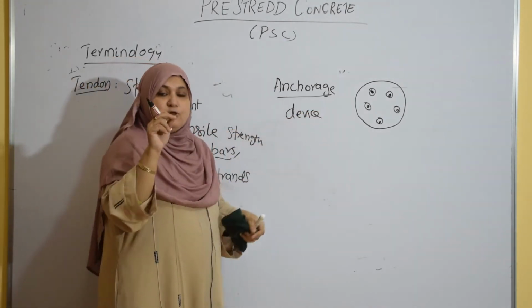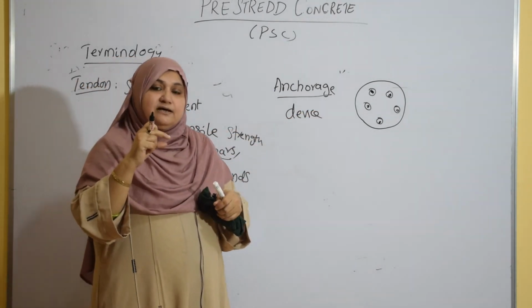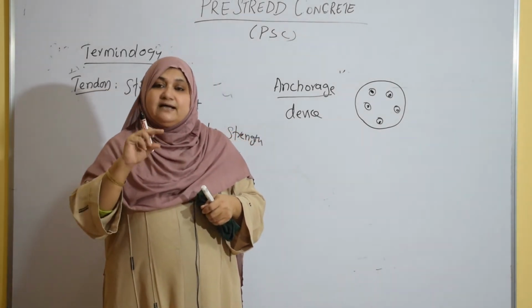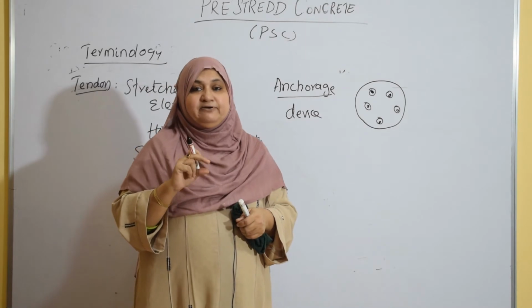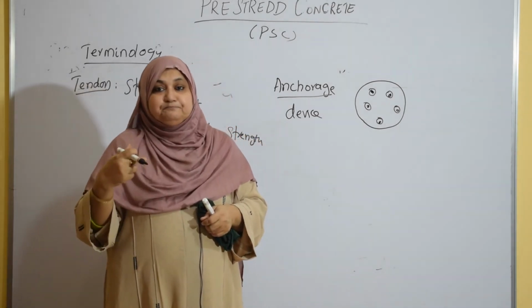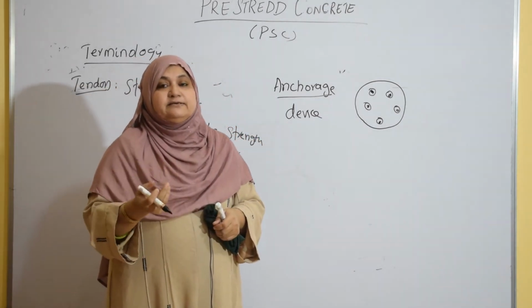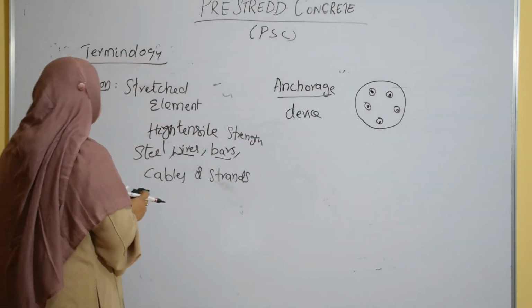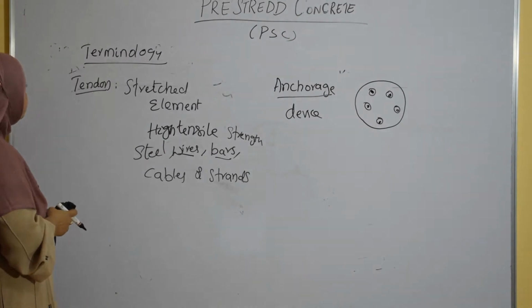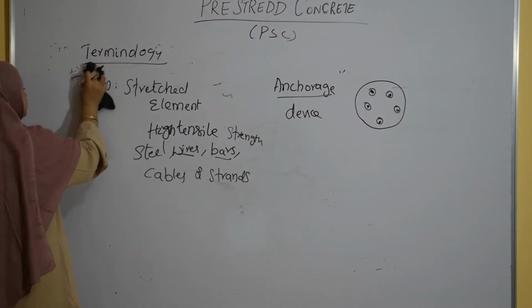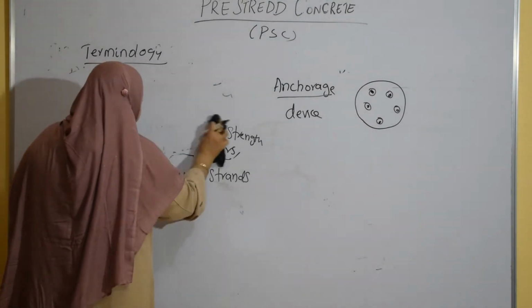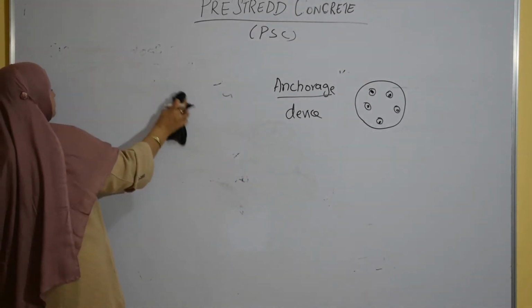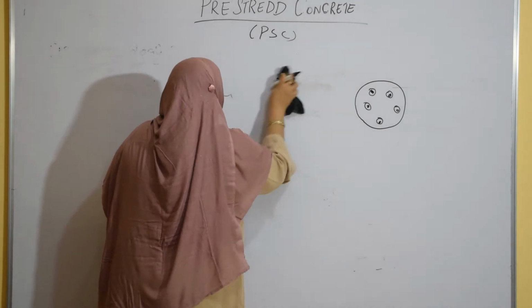They will have holes in which we place the high strength wires or high strength steel bars and then tighten it so that when we stretch it, the tendons or the wires are pre-stressed. Fine. So these are the two terminologies which we should understand. Tendon is a stretched element, it is not a simple wire, and anchorage is a device which is used to transfer the pre-stress.